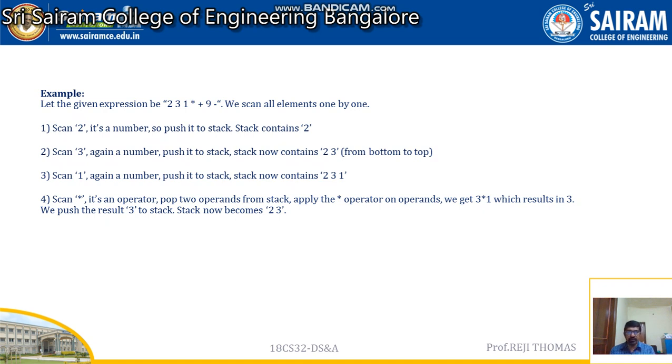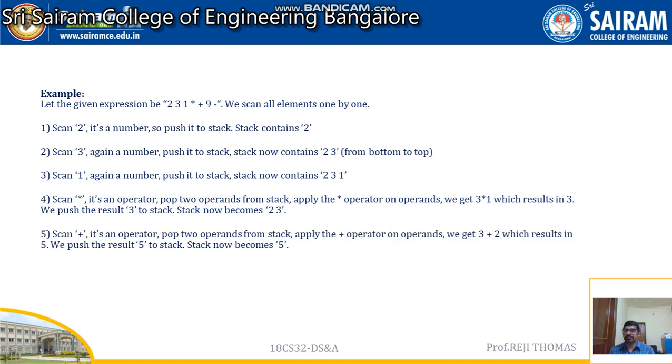First one is 1, that is your operand number 2, and the next one is 3, which is your operand number 1. So what is the given operation? You have to perform 1 into 3, which is going to be 3, and the result you have to push onto the stack. Push the result 3 onto the stack.